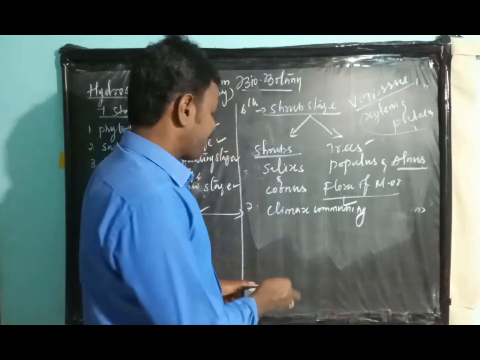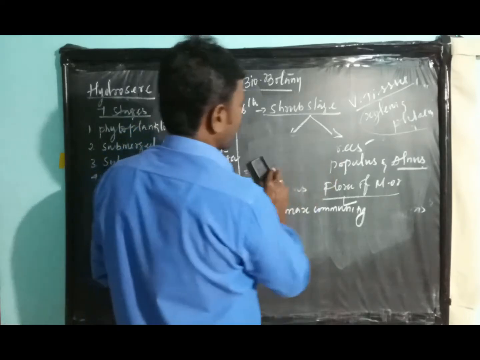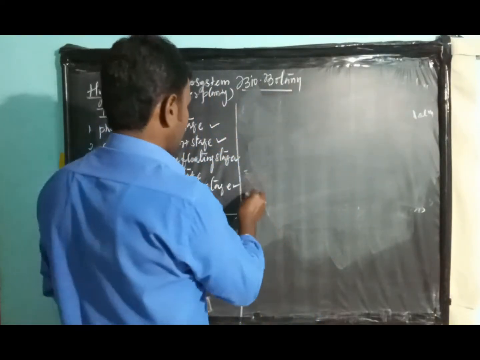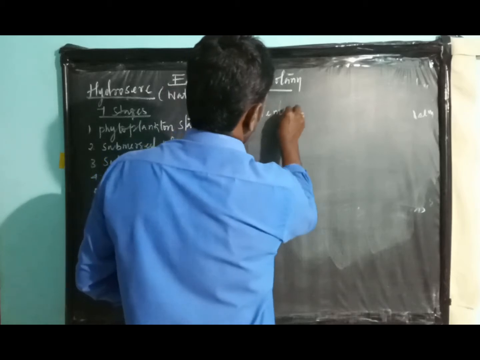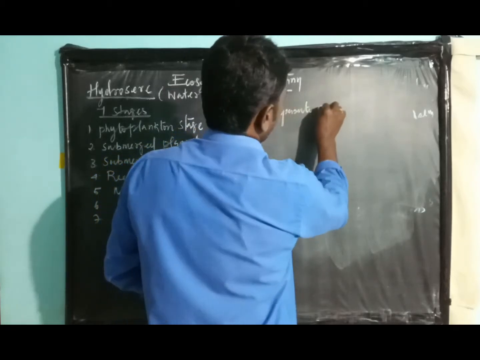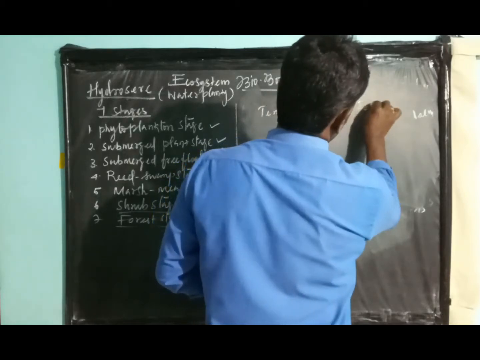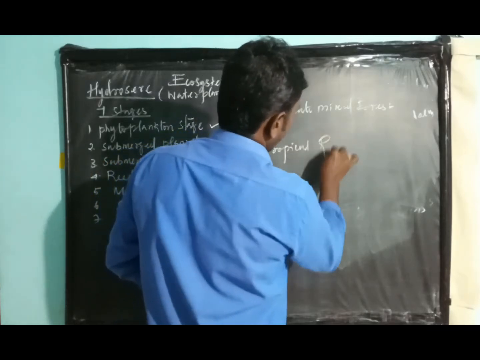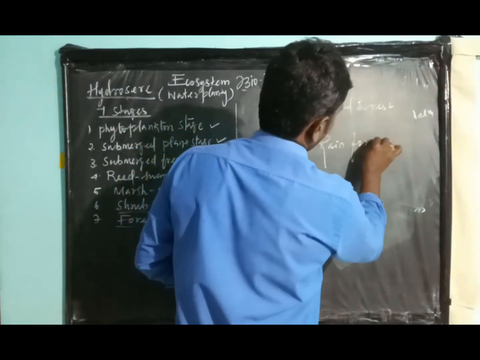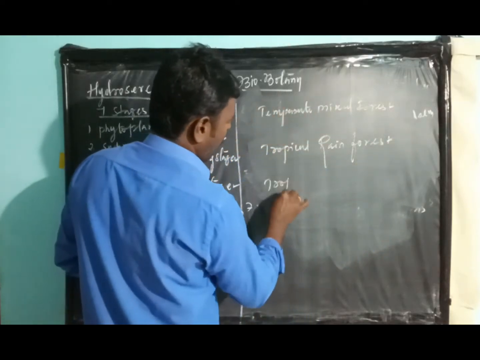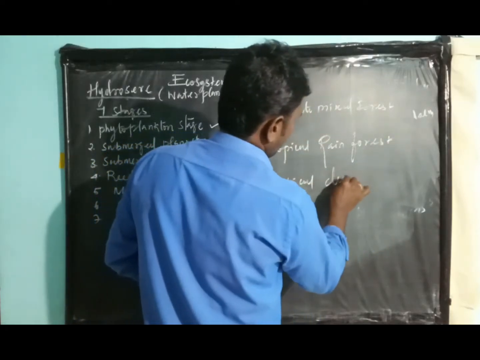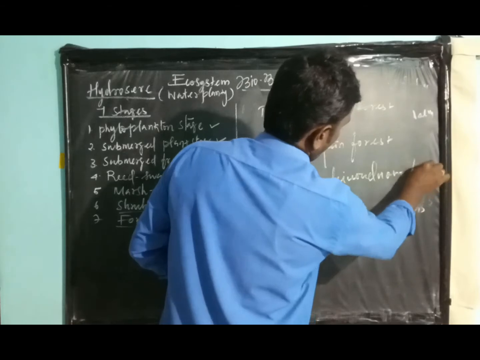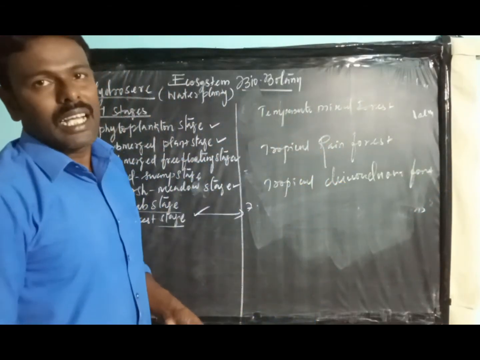For example, temperate mixed forest, then tropical rain forest, and next one is tropical deciduous forest, that are formed in the climax communities.